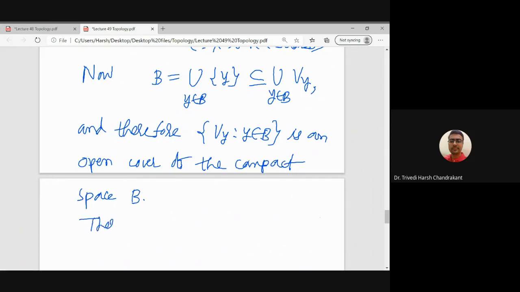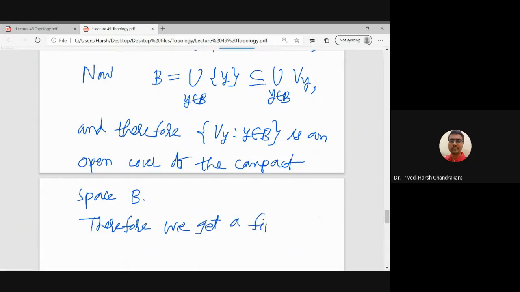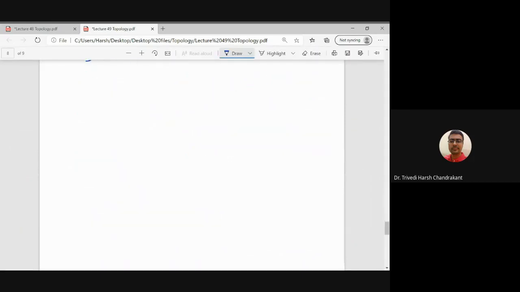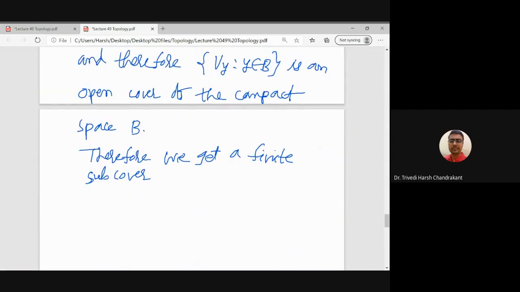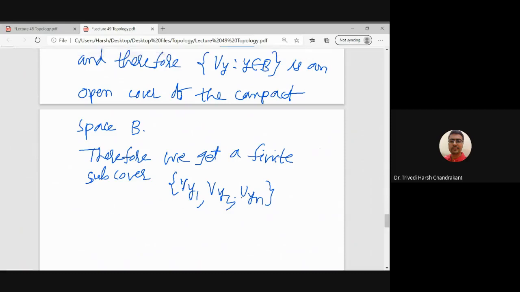Therefore we get a finite subcover, which is Vy1, Vy2, ..., Vyn.